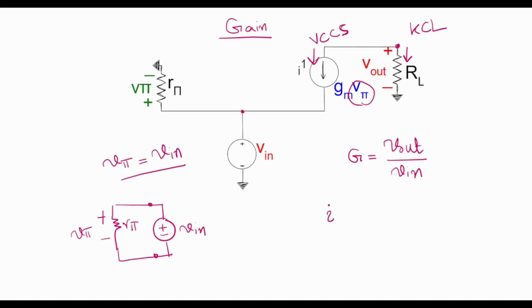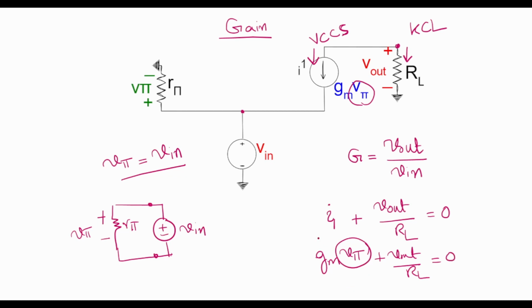I can write that I1 plus this current, V0 over RL, is equal to 0. And I1 in turn is given by Gm times V pi, plus V0 over RL is equal to 0.